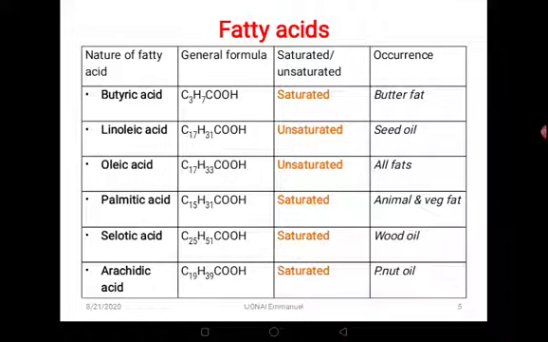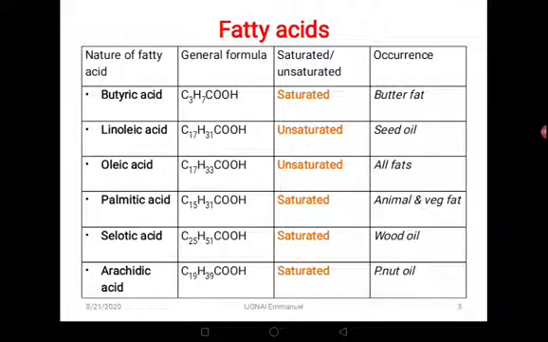We have butyric acid, and the general formula is there: 3 carbon atoms, 7 hydrogen atoms, and the COOH group, which is the functional group for fatty acids. That one is a saturated fatty acid, simply because it does not contain a double bond.